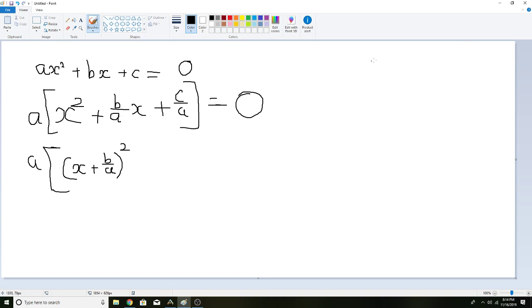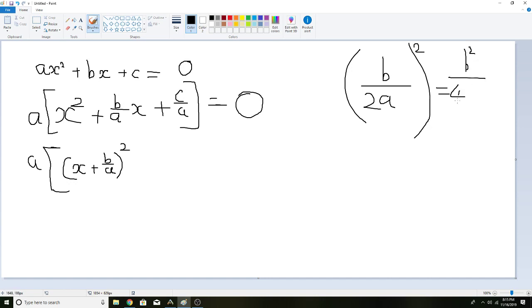So if we just go over here now, what does b over a divided by 2 become? If it's divided by 2, I'll just put 2a there. But if all that is squared, remember I have to square both the top and the bottom. It'll be b squared over 4a squared.